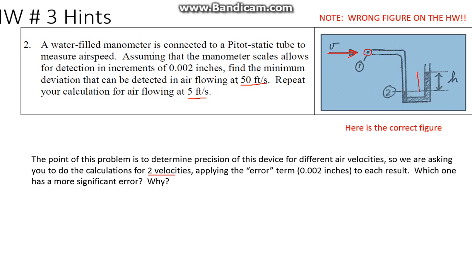And we're going to look at this error term, which they've given you for each result. Basically, which one causes more error on a percent basis. So take a percent, take the value for the 0.02 inches in this, pretending like you could only read it plus or minus 0.002 inches. It's a little bit like a lab exercise where you're just going to try to see how precise this thing is.